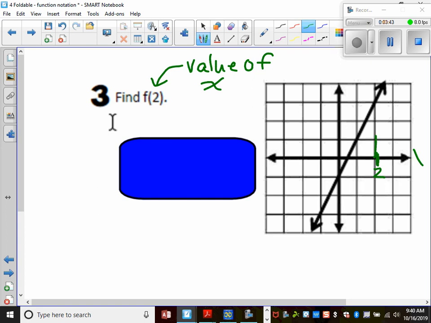So I'm going to go up to the line, and I'm going to go across this way to read the y value. And what is the y value? 3. So I'm going to say f of 2 equals 3. So the coordinate basically is 2, 3.